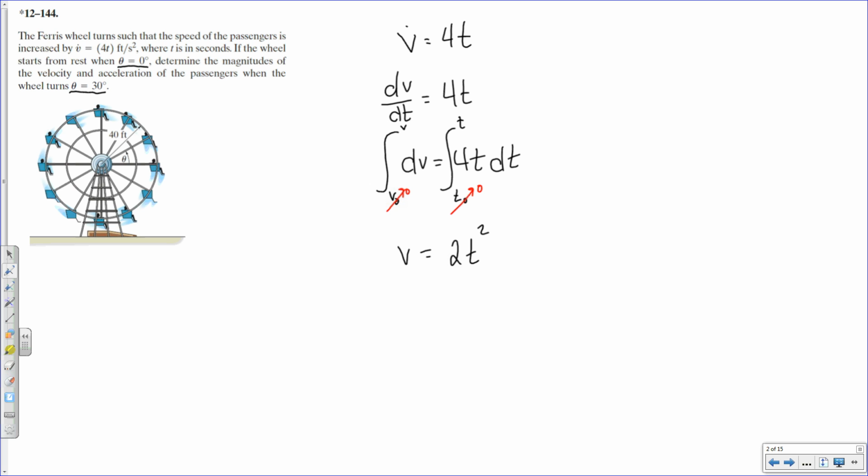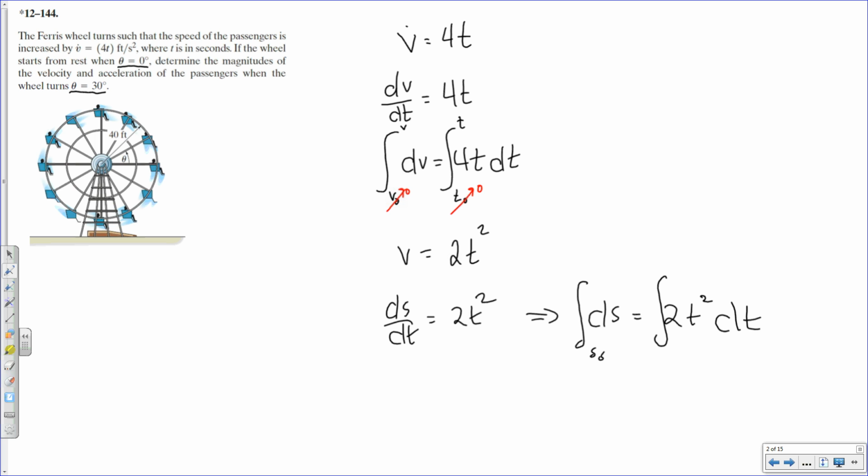Now we have a relationship between the speed and the time, but we still don't have any relationship with theta. So we recognize that v is just a fancy way of writing ds/dt. We can substitute that in: ds/dt is equal to 2t squared. When we bring dt over to the other side, ds is equal to 2t squared dt, and we recognize that once again, we can perform an integral from some initial position to some final position, from some initial time to some final time.